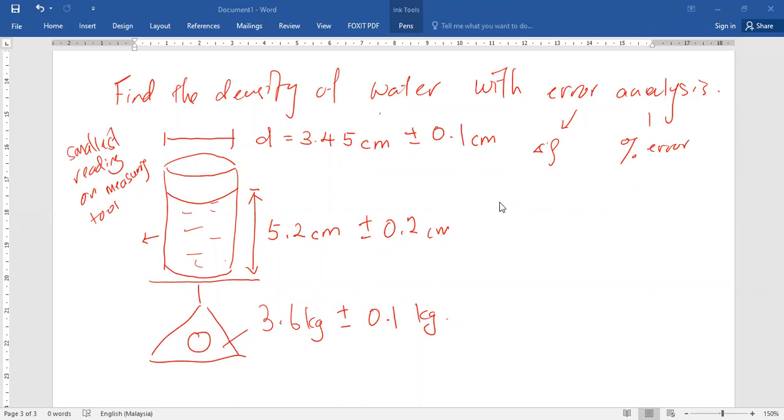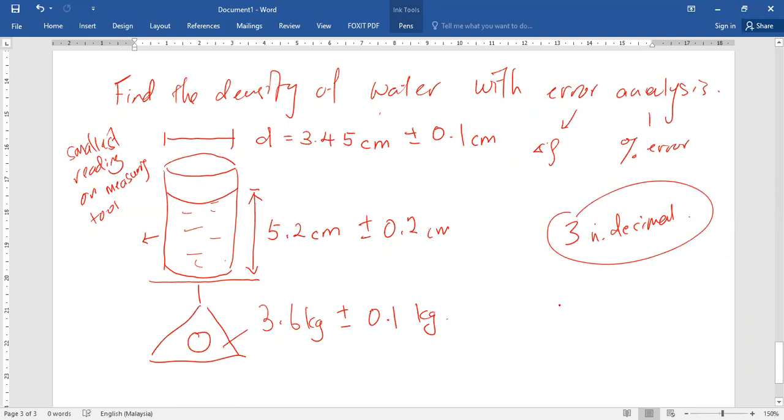That means before we calculate, we choose 3 number of decimal places. So first we choose 3. This is the first rule.